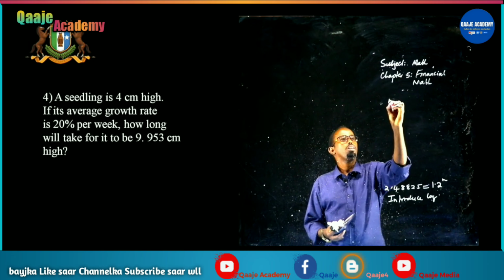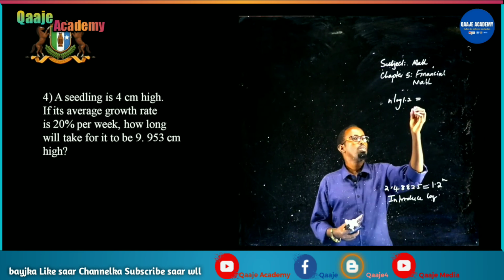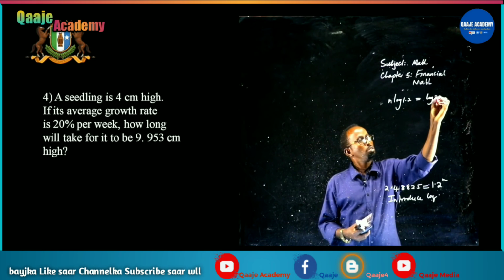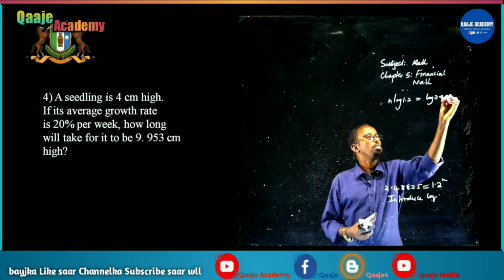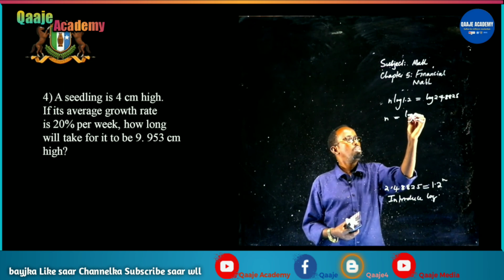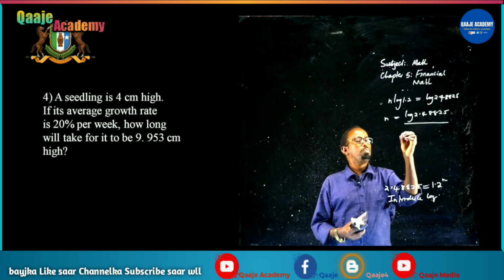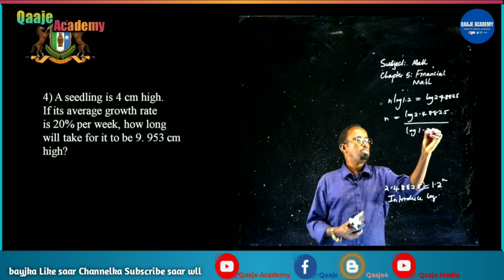So n log 1.2 will be equal to log 2.48825. So n will be equal to log 2.48825 divided by log 1.2.